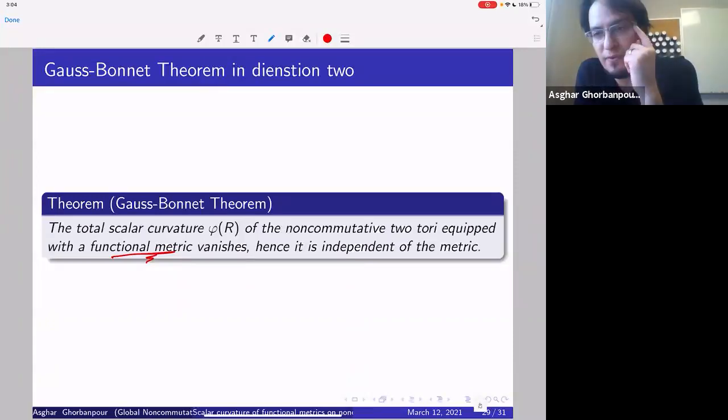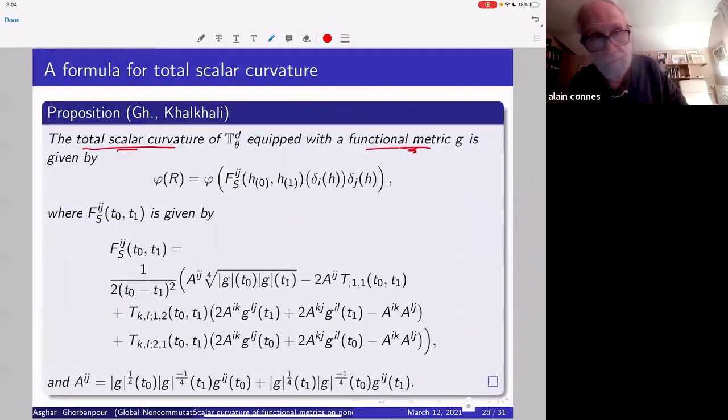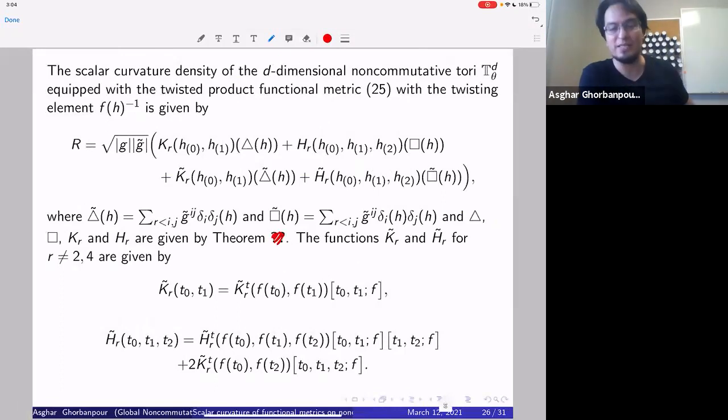But if I'm not wrong, this was a long time ago, their metric is basically the twisted product of two non-conformal flat metrics. So it is basically covered somewhere here, in the twisted product, where one direction was not symmetric. Now I remember that one. So I believe this covers that result as well, the spectral formula.